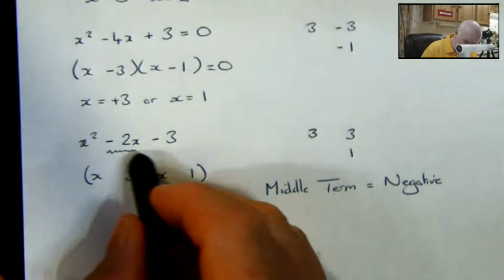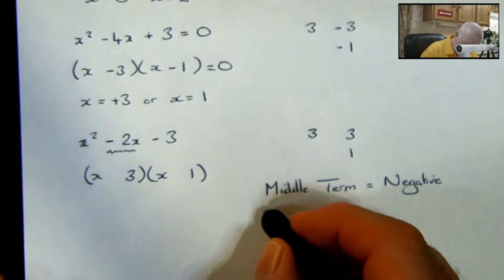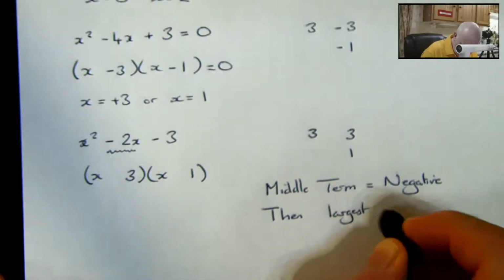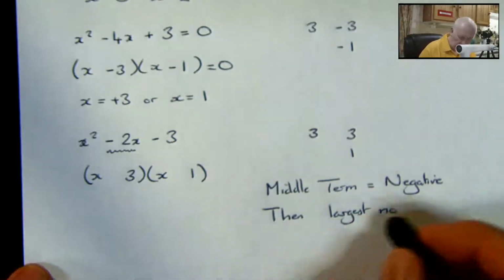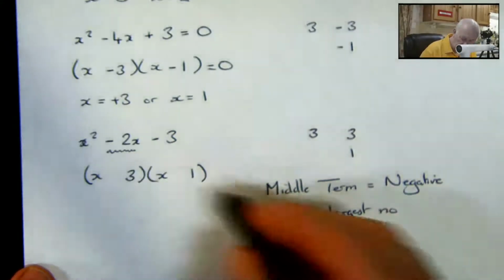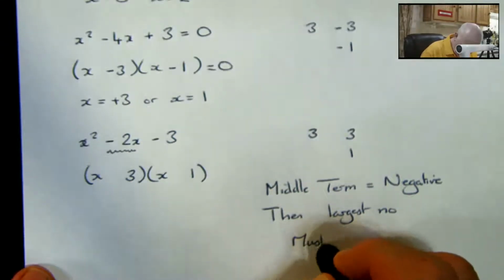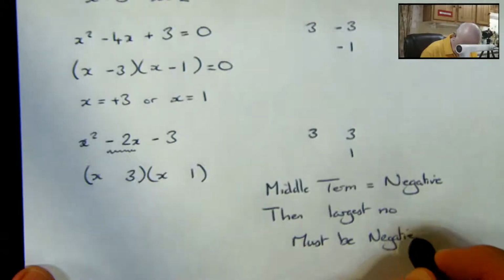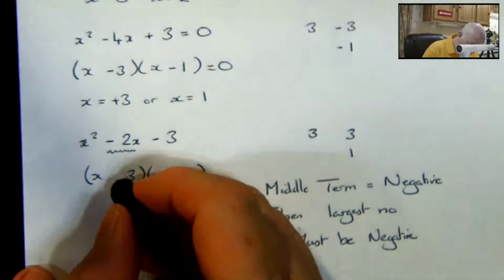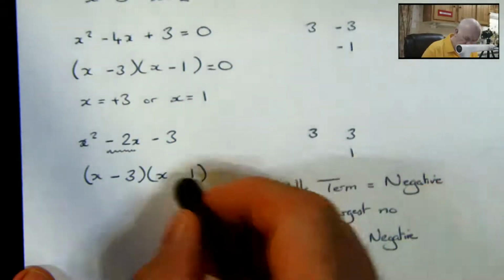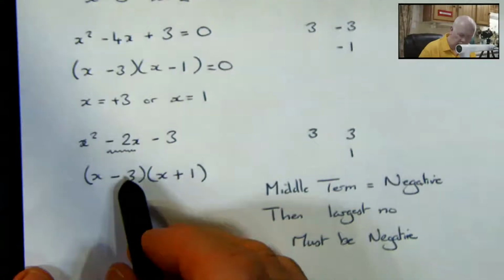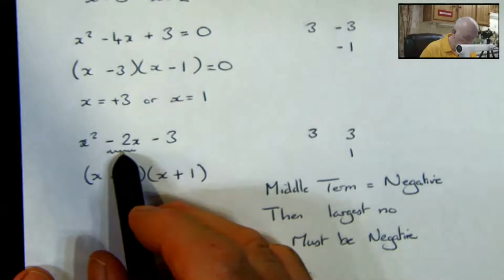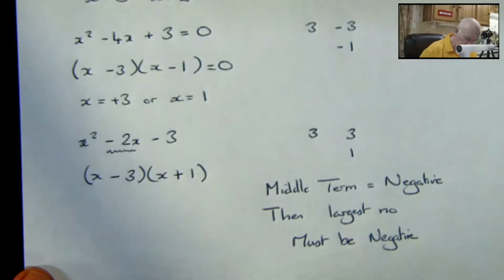So if this is negative, then the largest number must be negative. So that one's going to be negative, and this one will be positive. And we've got minus 3 plus 1 gives us minus 2. So it's going to work out.